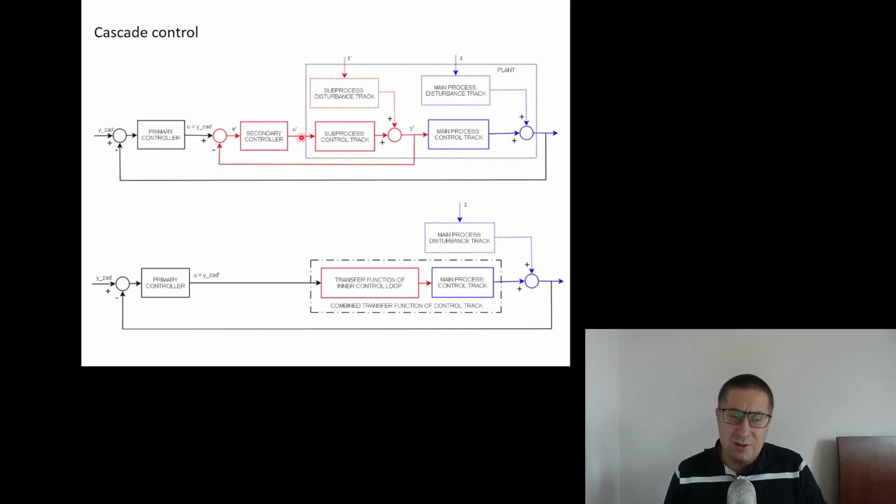It's much faster, usually like 10 times faster than the primary controller. And there is a main process that we would like to control. The primary controller calculates the set point for the secondary controller, so it does not affect the actuators directly. It calculates the set points for the inner loop.